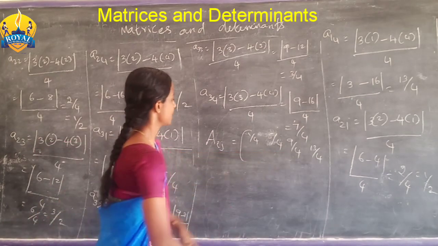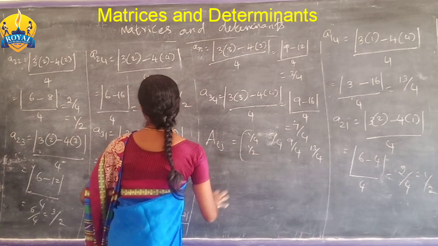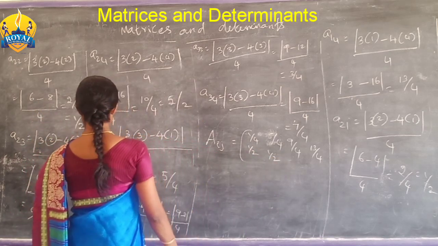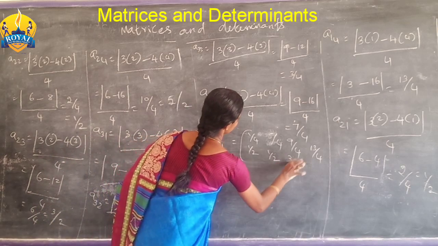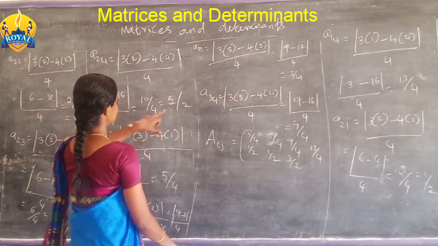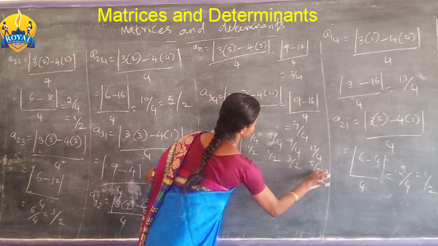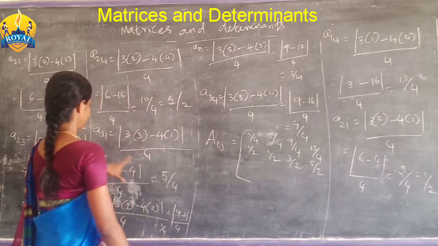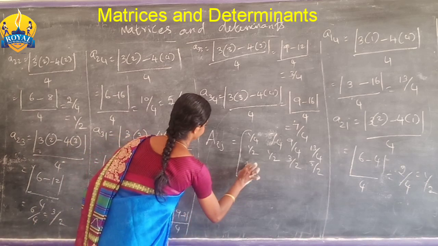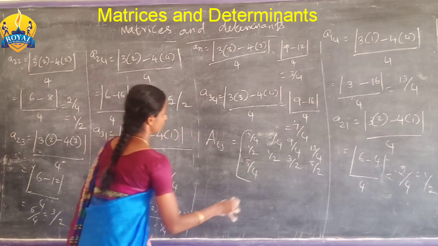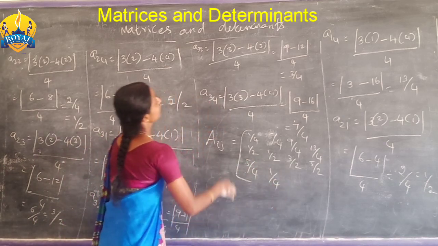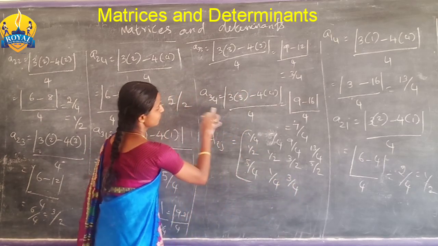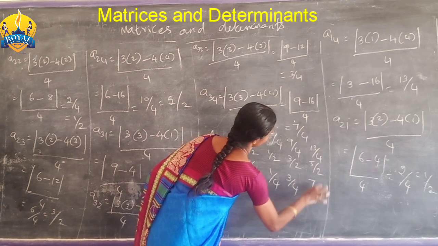Now A21 is 1 by 2, A22 is 1 by 2, A23 is 3 by 2 and A24 is 5 by 2. A31 is 5 by 4, A32 is 1 by 4, A33 is 3 by 4 and A34 is 7 by 4.